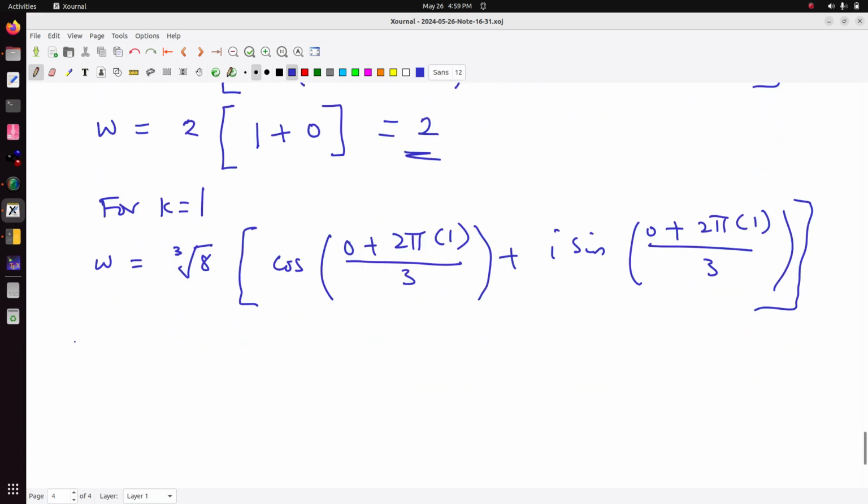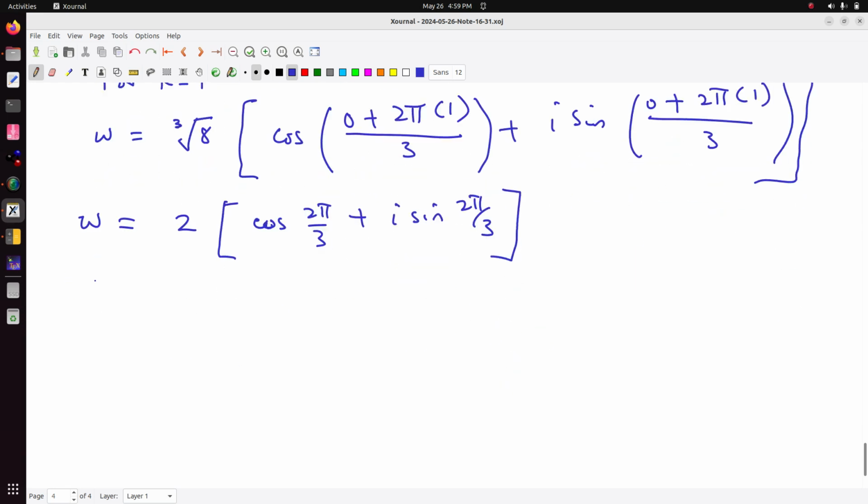Now this will be 2, then cos 2 pi over 3 plus i sine 2 pi over 3.